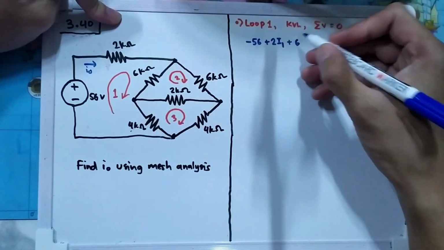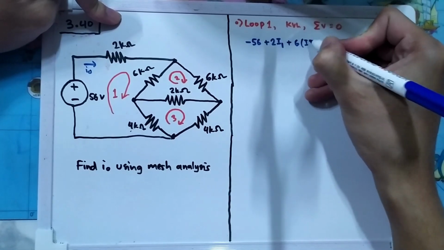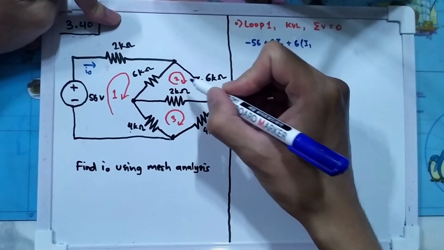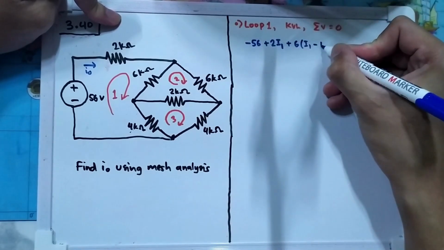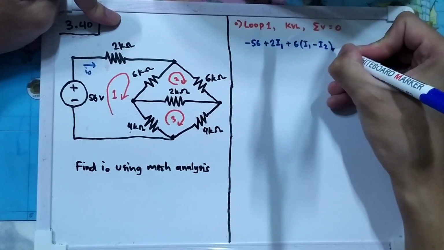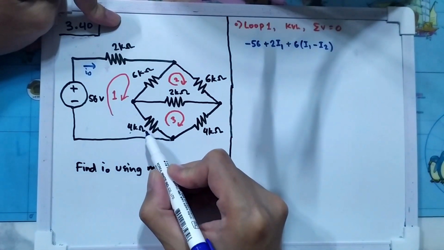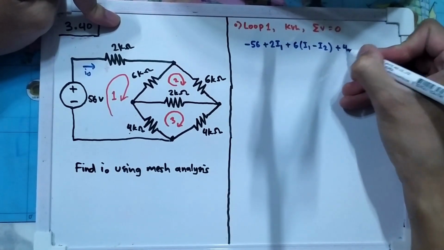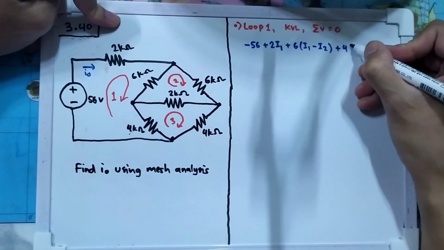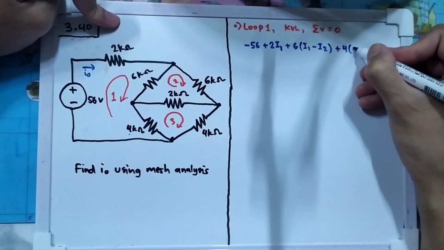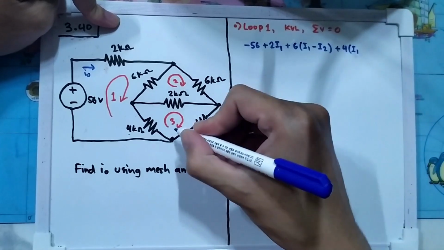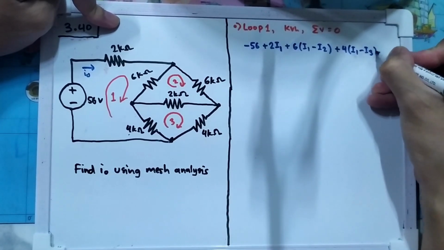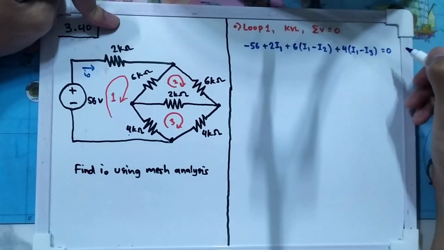So it is I1 minus I2. And the last one is this resistance, the 4 kilo ohm one. So it's 4, and the current that passed through it is I1 and minus I3 in the opposite direction, and that will equal to 0.